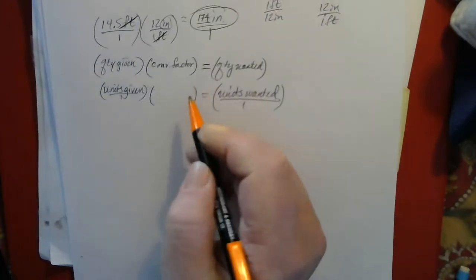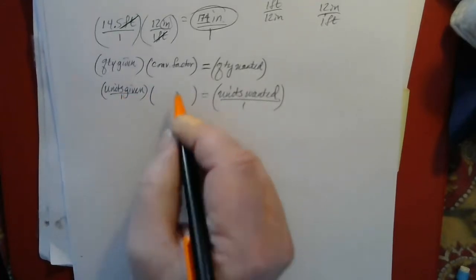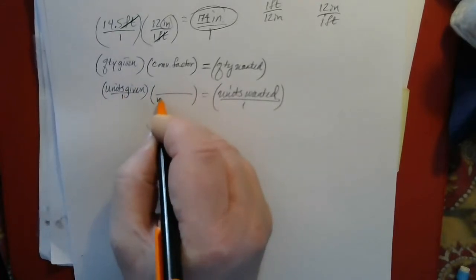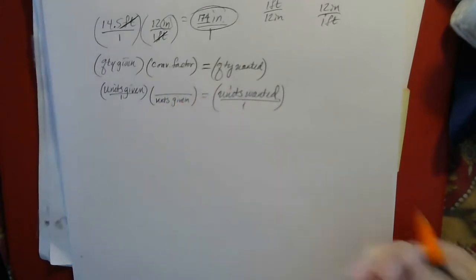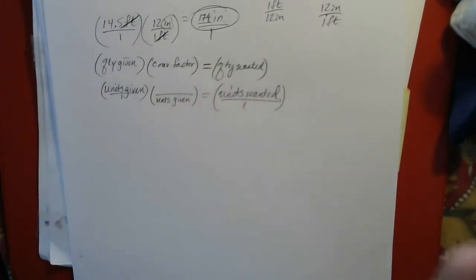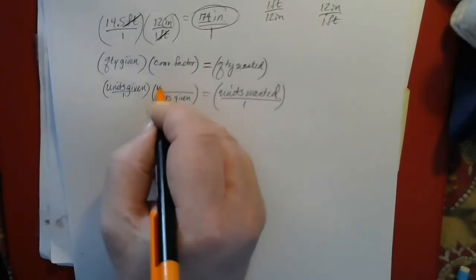And the conversion factor will take the form of, well, if you want to get rid of the units given, then units given must be on the bottom. So they'll cancel out. If you want units wanted to end up on the top or in the numerator, then that's where that should be in the conversion factor.